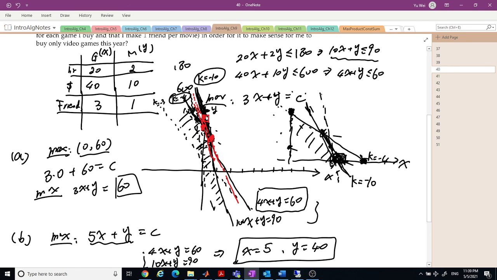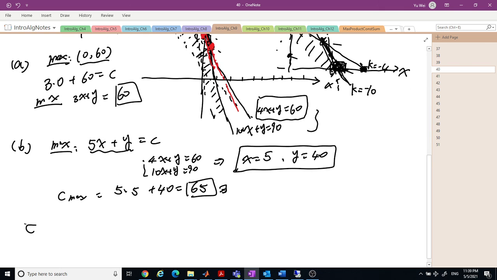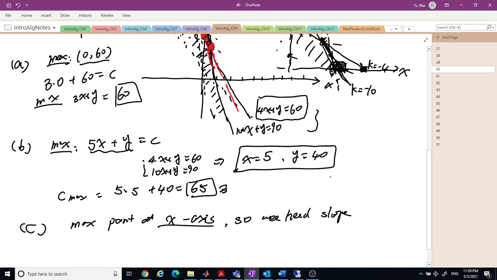So that's why our k, in order to have the max point at the x axis, the slope should be greater than or equal to 10.